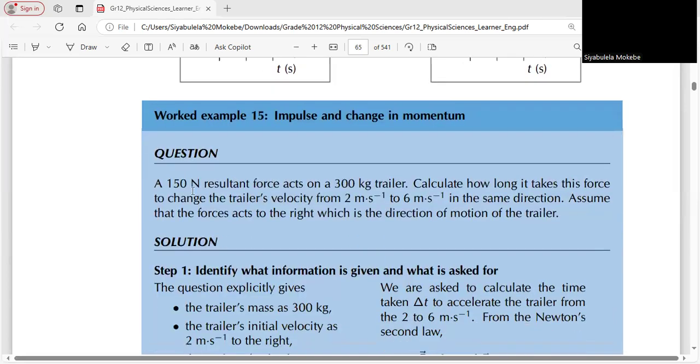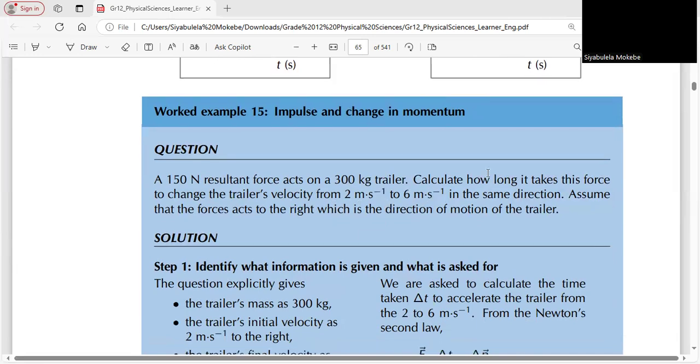A 150 newton resultant force acts on a 300 kilogram trailer. Calculate how long it takes this force to change the trailer's velocity from 2 meters per second to 6 meters per second in the same direction. Assume that the force acts to the right, which is the direction of motion of the trailer.